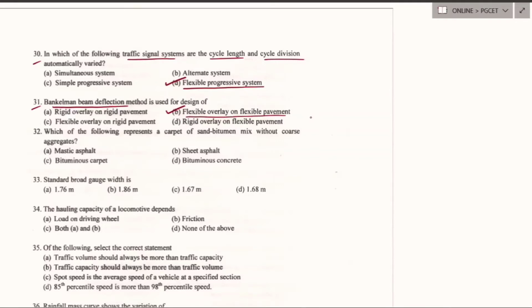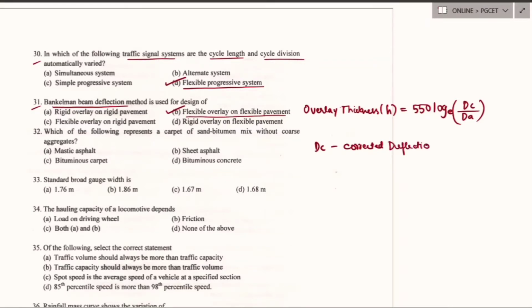This method measures the deflection of flexible pavement under moving load, and the overlay thickness of the flexible pavement is calculated by the formula 550 log10 Dc by Da, where Dc is the corrected deflection of the flexible pavement and Da is the actual deflection of the flexible pavement. So option B is the right answer.